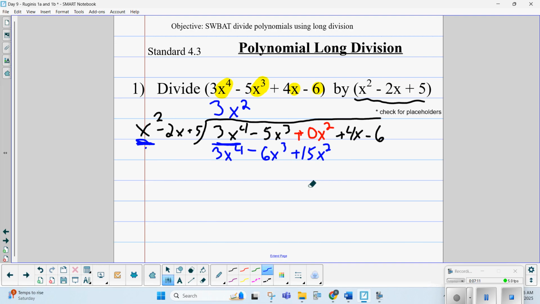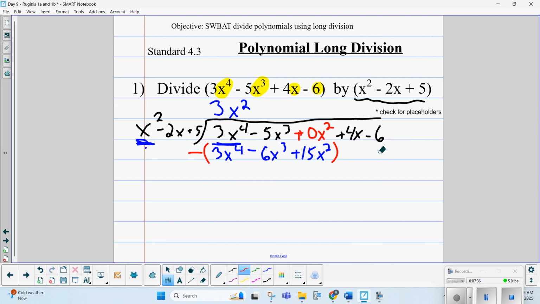Now, when you did long division in middle school, you figured out how many times a number went in, you multiplied, and then you subtracted. And that's exactly what we're going to do here. We're going to subtract this whole thing. The easiest way to subtract, I think, is to distribute the negative into all of these.